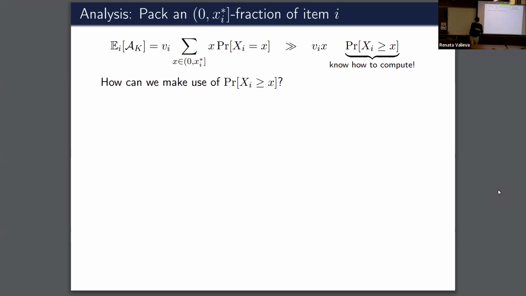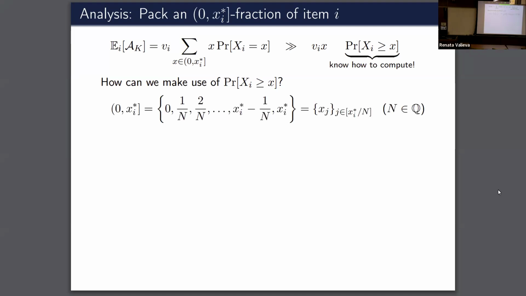So now the idea is to use the probability of being greater or equal x to sort of approximate the probability distribution. I'll guide you through this calculation. The idea is pretty simple.